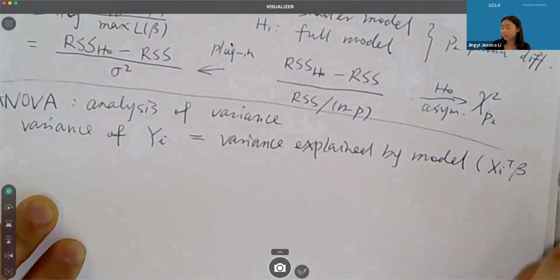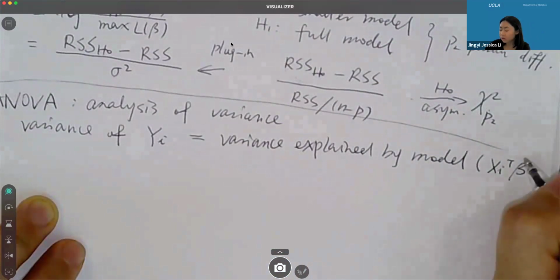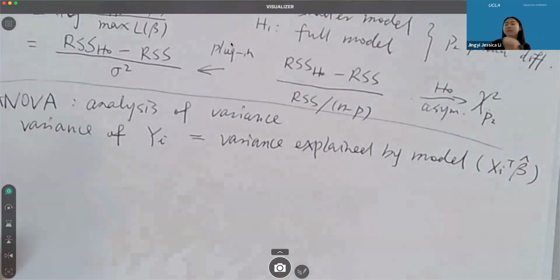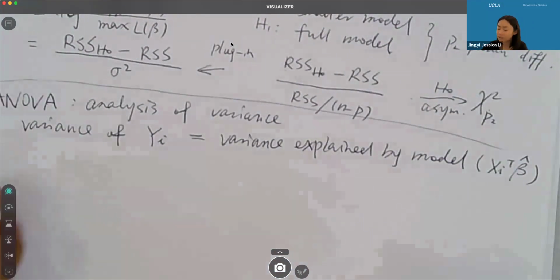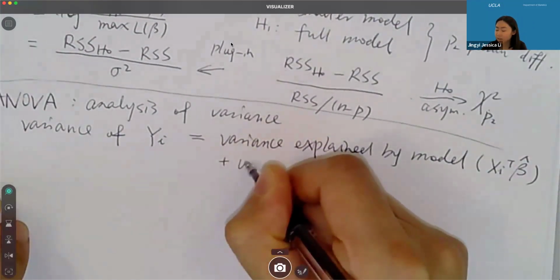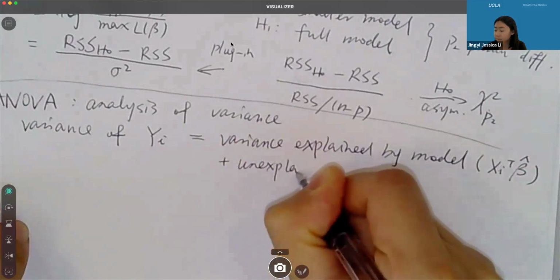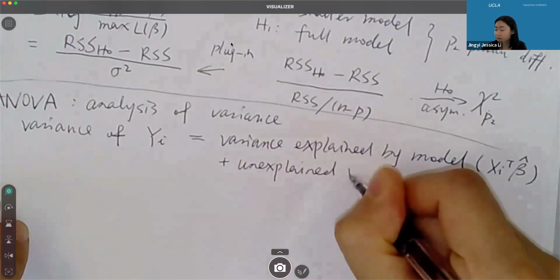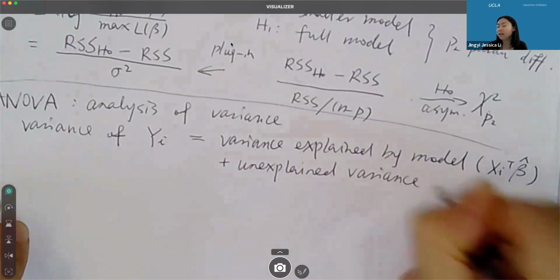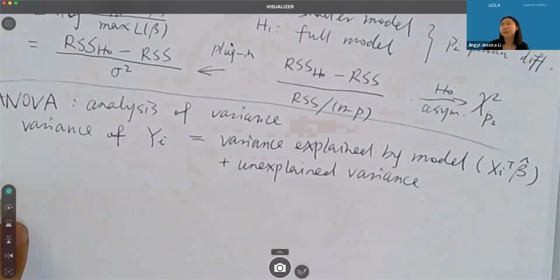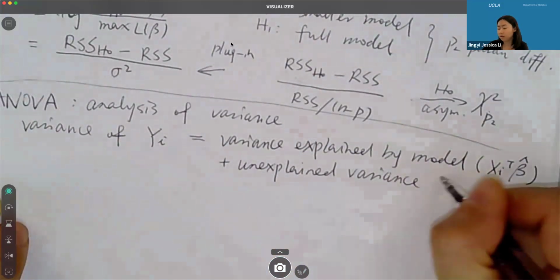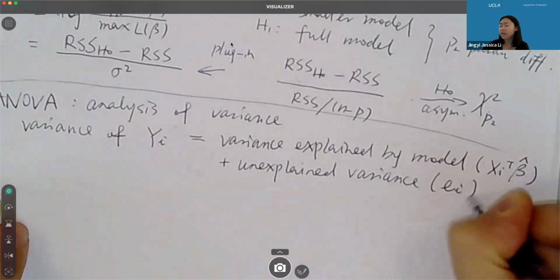In particular, we don't know beta. So what we're trying to use is this beta hat, because that's how we estimate it as our model, plus the unexplained variance, which our model cannot explain. And this is based on the residual. So it's this ei.